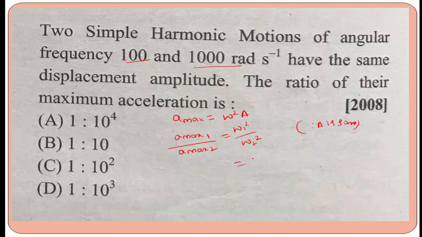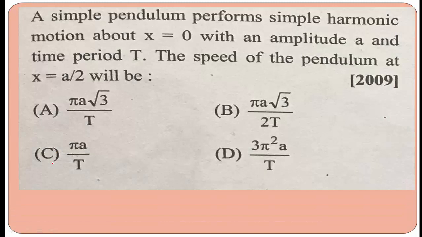Therefore 100 square divided by 1000 square. Here we get the answer 1 divided by 10 square. Option C is the right answer.